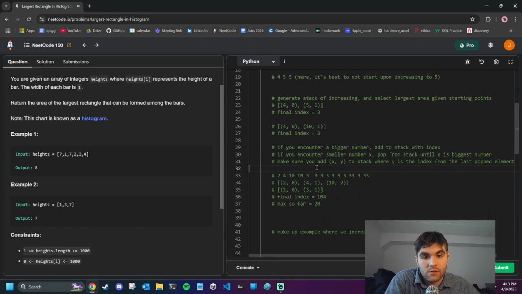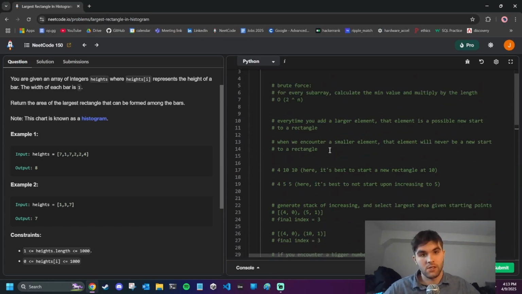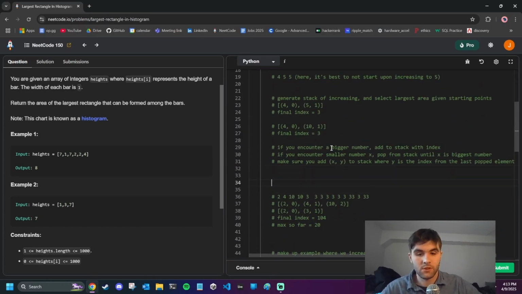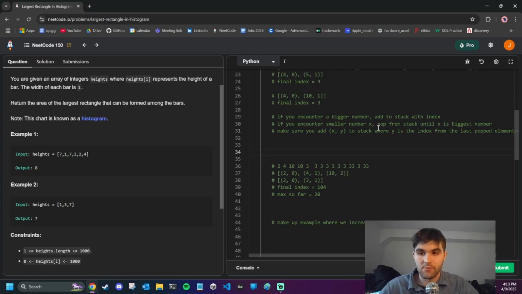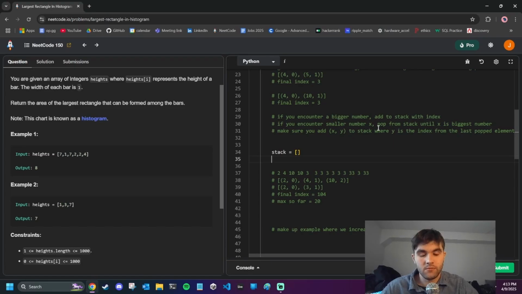Okay. So we have heights, and we have a stack. And we'll say top element starts at, I guess, 0.